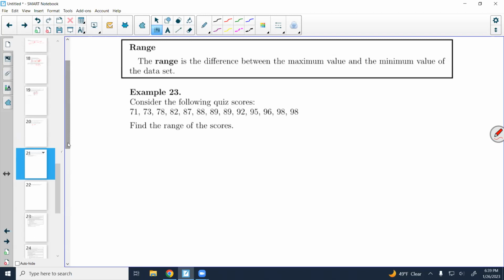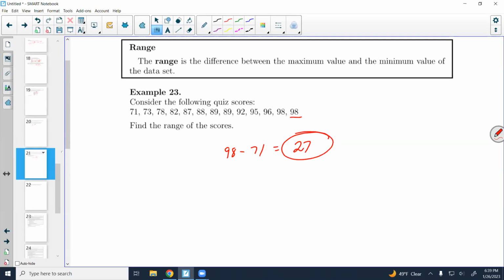This is the last thing we're going to talk about today. The range is the difference between the maximum value and the minimum value of the data set. So consider the following quiz scores, find the range. What's the maximum value? 98. What's the minimum value? 71.